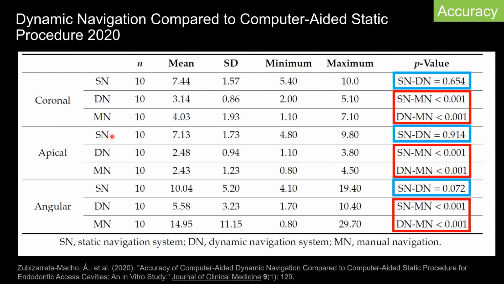In this paper, we can see the manual navigation is less accurate than both static and dynamic navigation. And between dynamic and static navigation there is no difference. So manual navigation is the worst one.